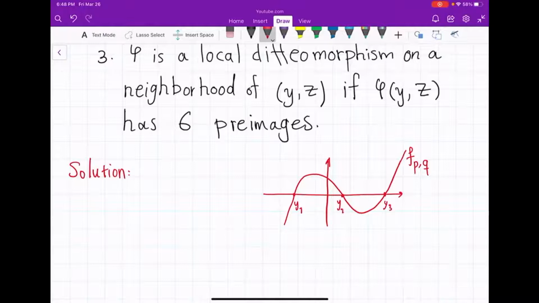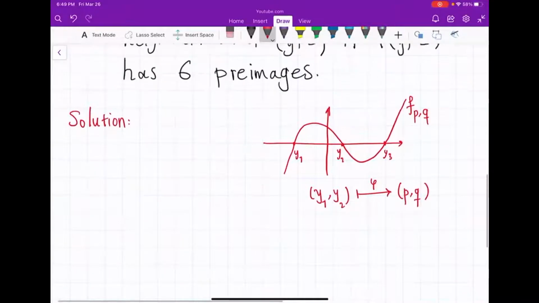The map that we're talking about here is that y1 and y2 will be mapped by this phi to this p and q. And what other points can you find that map there? I can find y1 and y3. These again map to the same pq under phi.